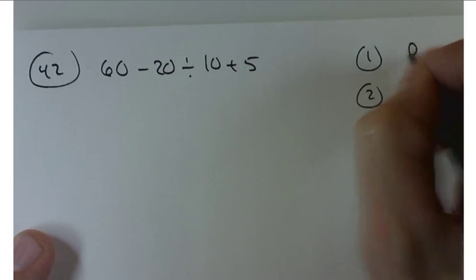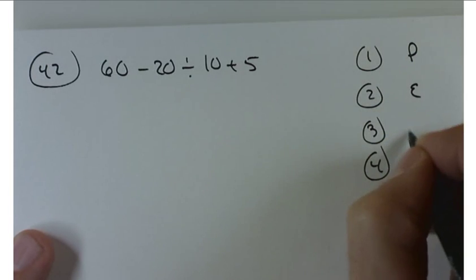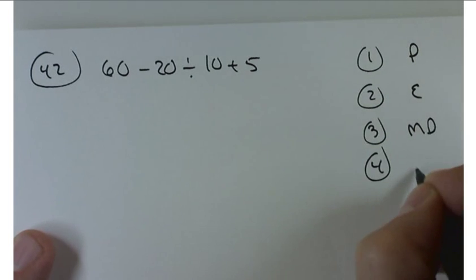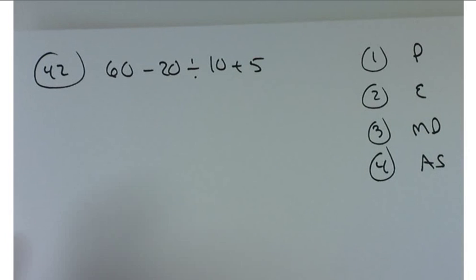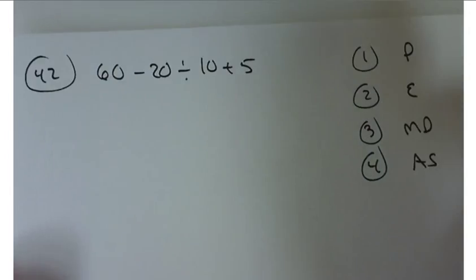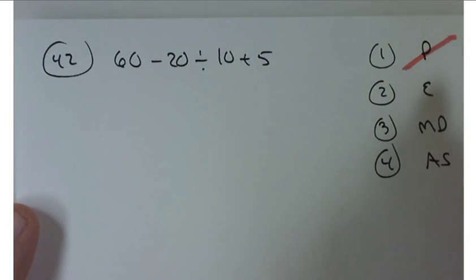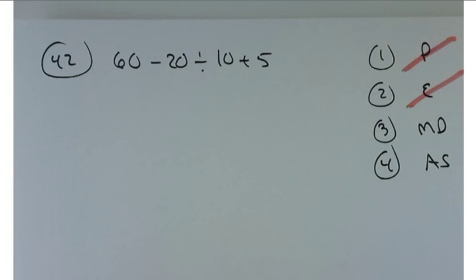So there's 4 steps: parentheses, exponents, multiplication and division, addition and subtraction. Well, are there any parentheses? No. Are there any exponents? No. So then move left to right.